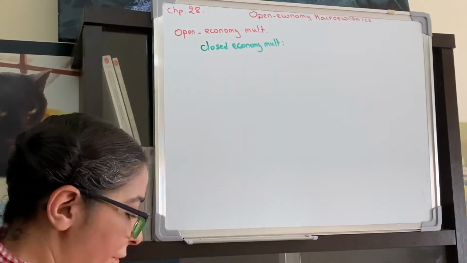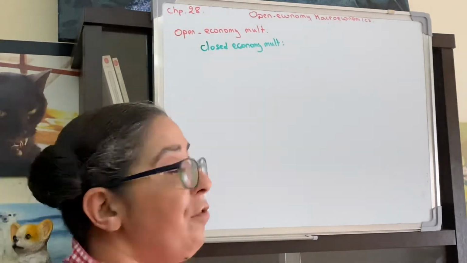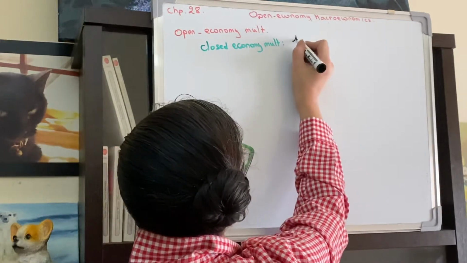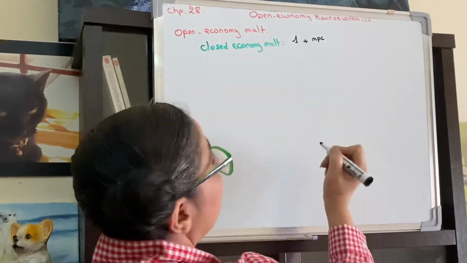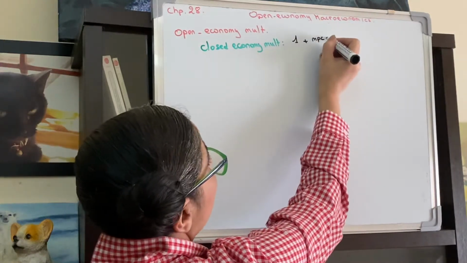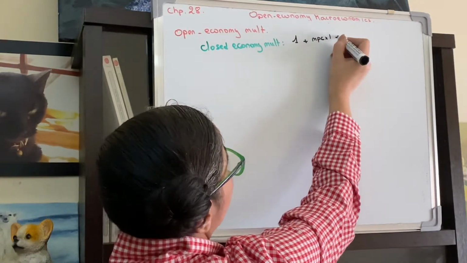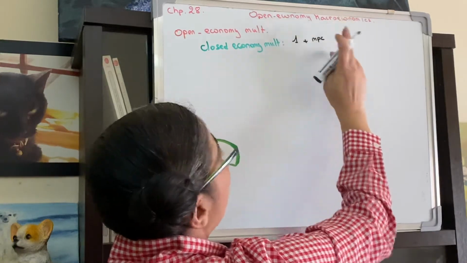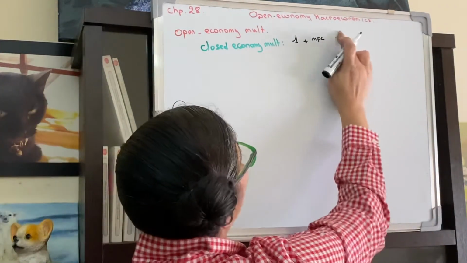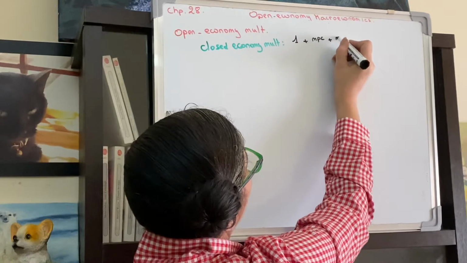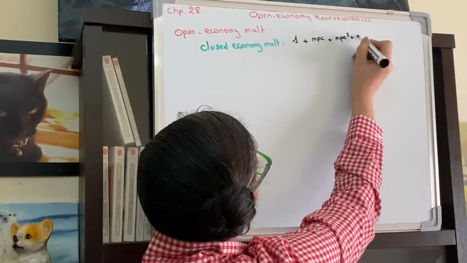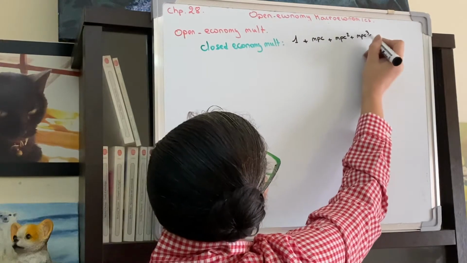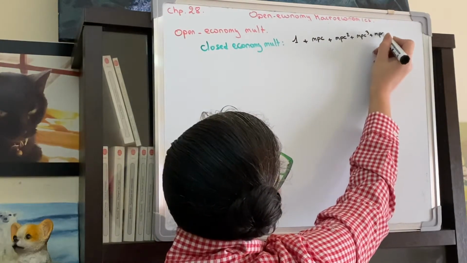What did I have? I had the $1 of change plus MPC times the $1 plus MPC square. So I'm not going to put the times $1 plus MPC square. That was your multiplier. MPC square plus MPC to the cube plus MPC 4.